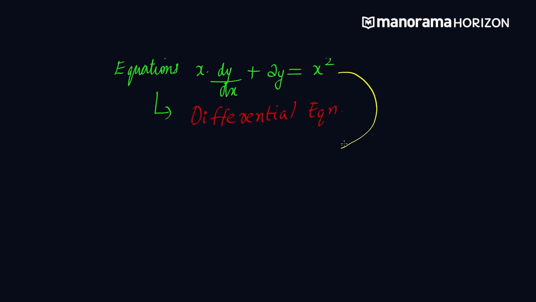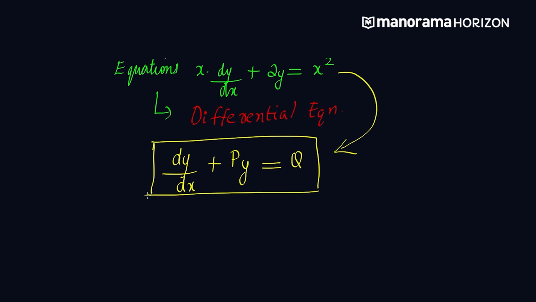These equations are of the form dy by dx plus p into y is equal to q. What is this p and q? Where p and q are functions of x, or it can be constants.